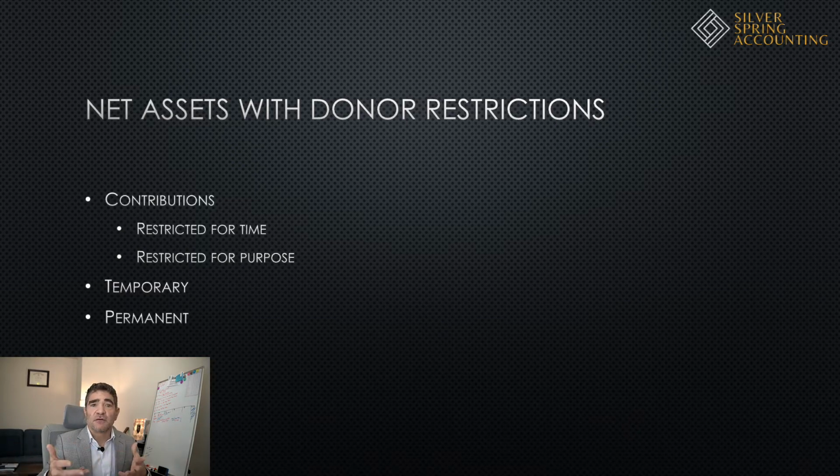Or a donor sent in a pledge saying I'm going to give you $10,000. Well, we've received the pledge, so we're going to record the revenue, but it's restricted in the sense that we haven't received the funds yet. And once we receive those funds, we move that over to unrestricted.